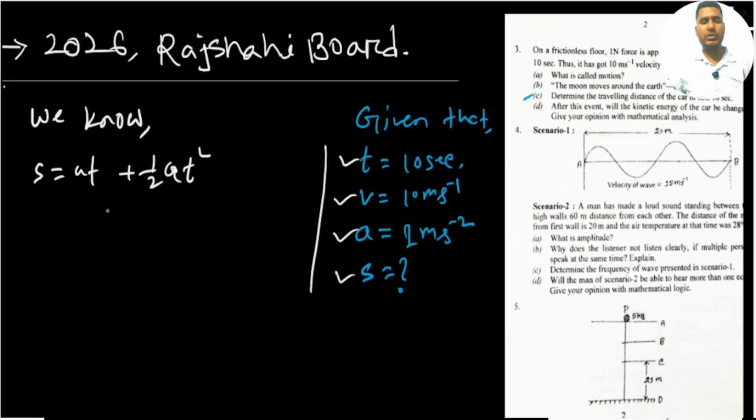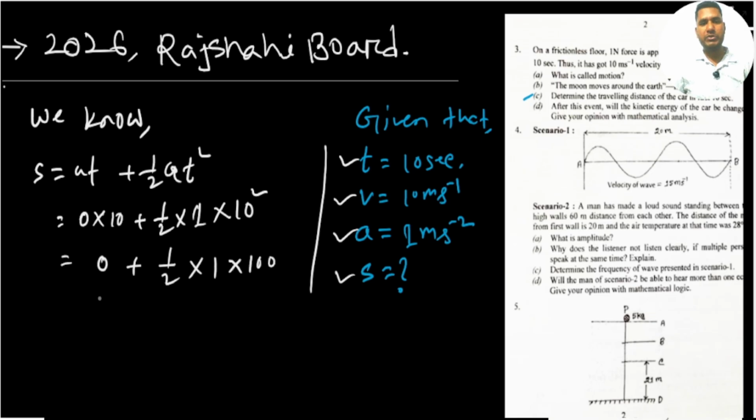With this equation we can solve this problem. So what is the initial velocity? Here initial velocity is 0 and time is 10 seconds, so S equals 0 plus half into a, which is 1 meter per second square, and time is 10 square, equal 0 plus half into 1 into 100, equal 50 meter only. So after 10 seconds, the distance traveled by the body will be 50 meter only. This will be the answer.